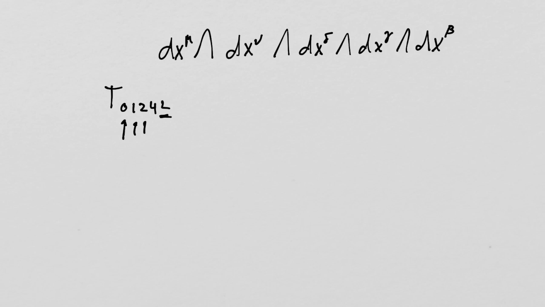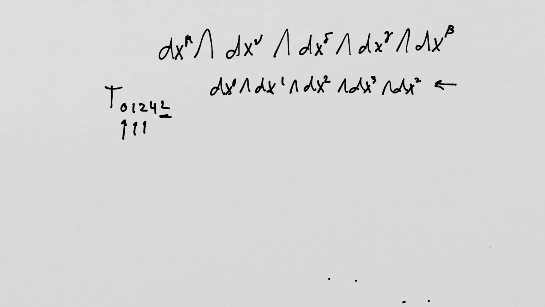And now I'm going to end up with dx0, dx1, dx2, dx3, say dx2. Well, now I have 2 of the same one-forms buried in my wedge product, which means this thing's going to be 0. And that's always true.